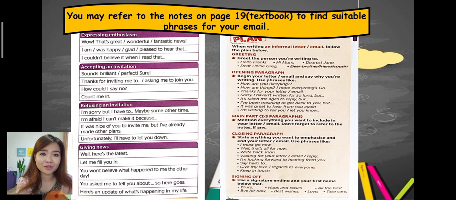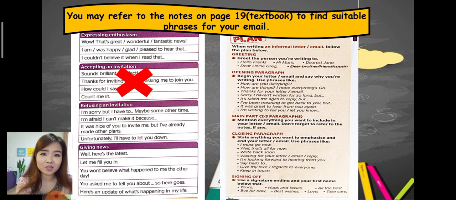You may refer to the notes on page 19 of your textbook to find suitable phrases for your email. Since you are refusing the invitation, you cannot use phrases or expressions from the accepting an invitation table, okay? But you can use expressions and phrases from the other table.